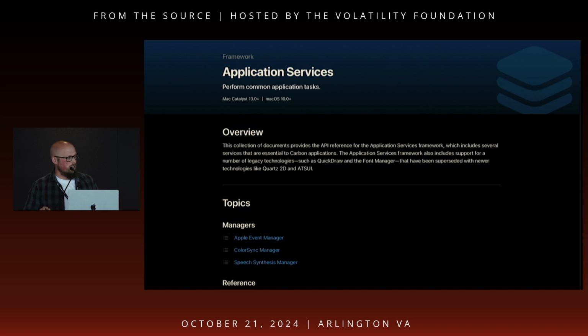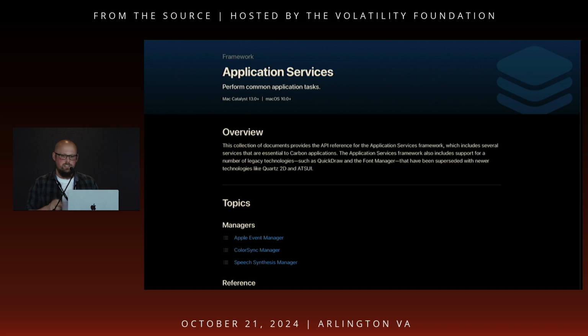Carbon came along, and Carbon was going to allow users that already had created apps for this classic Mac OS platform to convert them, or find a very simple way to run them on this new OS X that was promised to be coming out.